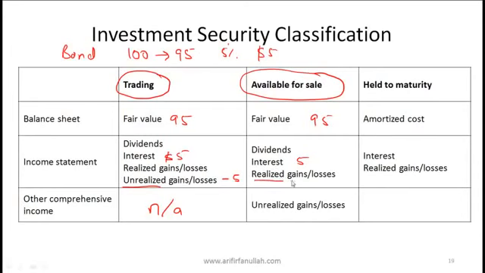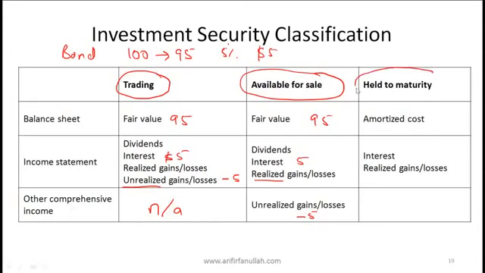In this case, since we have not sold the bond, we did not have any realized loss, so there will be nothing over here. However, the unrealized gains and losses, which in our case is -5, will be shown under other comprehensive income.